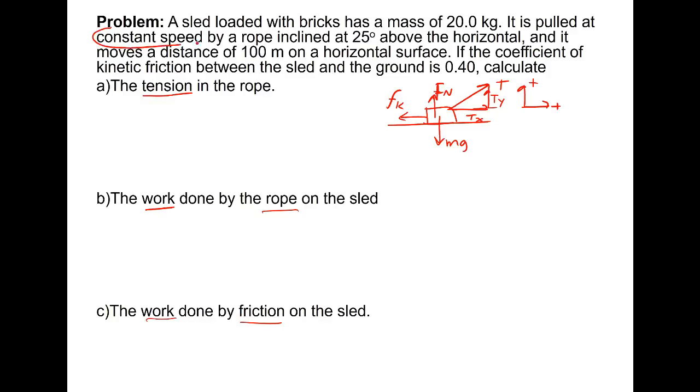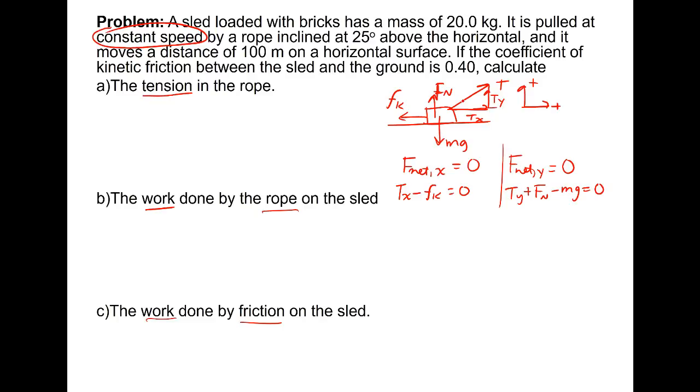However, since it's moving at a constant speed, that helps us set things up, and we can say, first of all, that F net in both directions will be equal to 0. And again, this is happening because we have constant speed, so a is 0. So this means Tx minus force of friction is equal to 0, and Ty plus Fn minus mg equals 0.